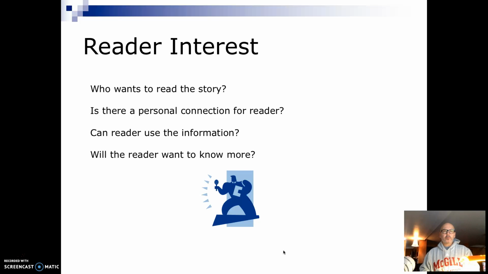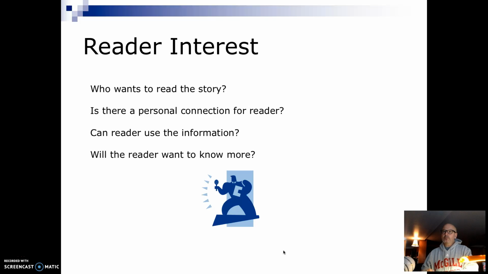Is there any way the reader can use this information in the future, in their daily life, in their job, or anything like that? And at the end, will the reader want to know more? There's two things here. If it's a simple news story or a news event, if the reader wants to know more, then maybe you haven't done your job.